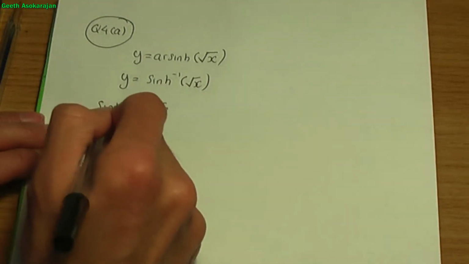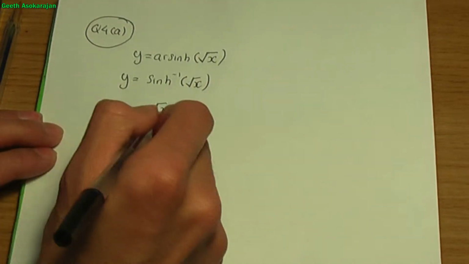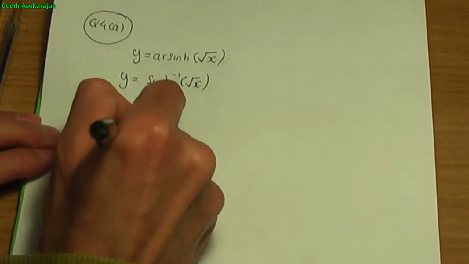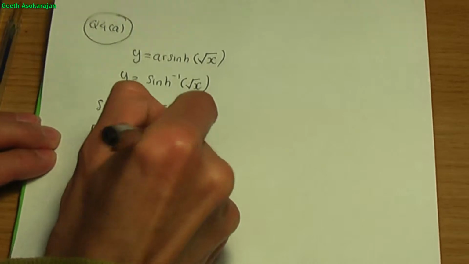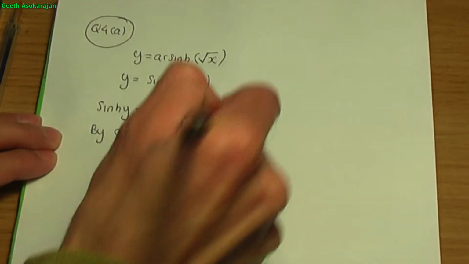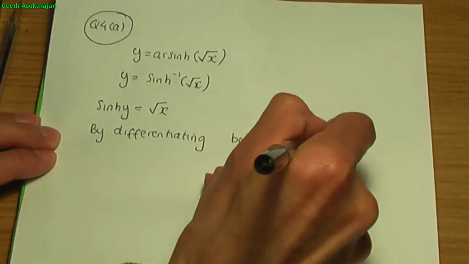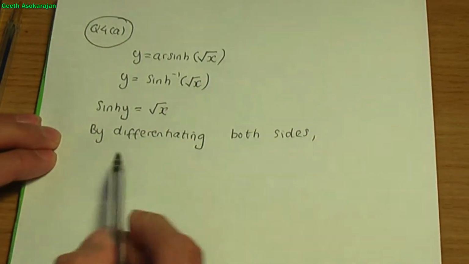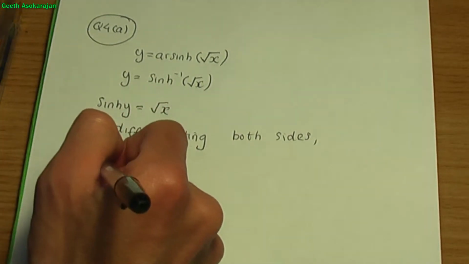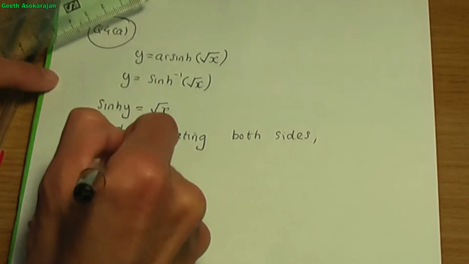And then I can differentiate both sides, so to work out dy over dx, let's differentiate both sides with respect to x.